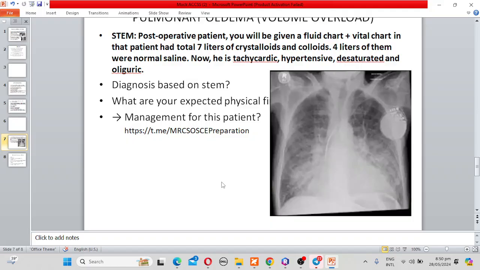How will you manage this patient? This patient is critically ill and surgical, so I follow the critically ill surgical patient protocol, the ABCDE approach. First of all, I check the airway. If the patient can talk, then the airway is patent. Then I assess the breathing.